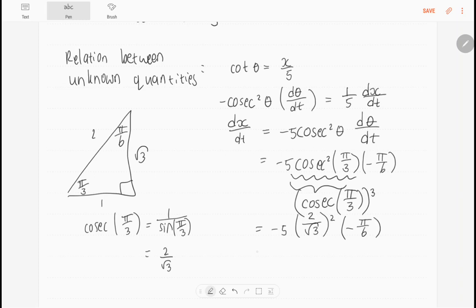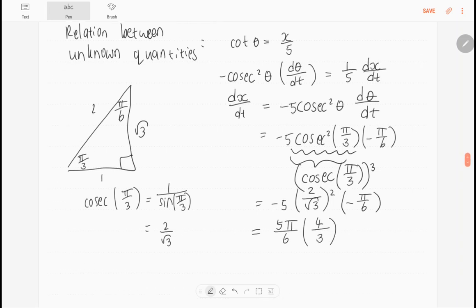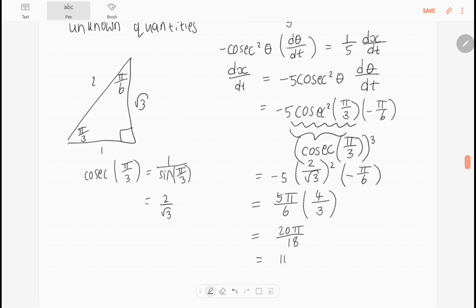And if you simplify that, you have 5 pi over 6 multiplied by 4 over 3. And you'll then have 20 pi over 18, which is 10 over 9 pi kilometers per minute.